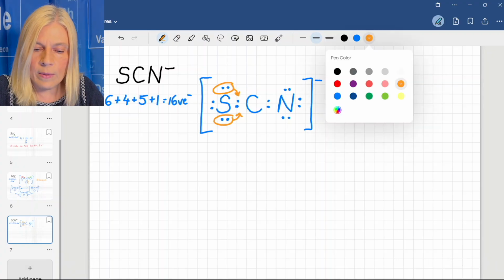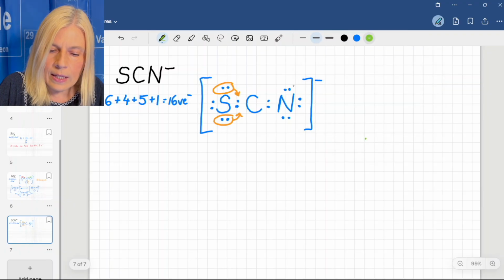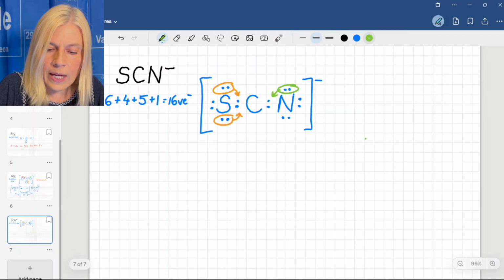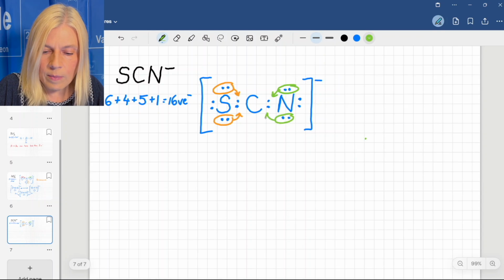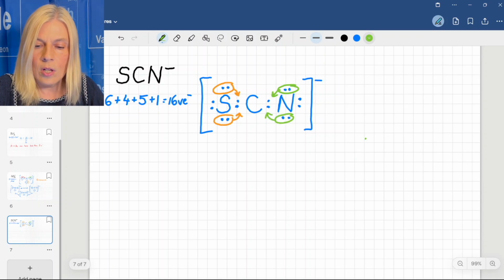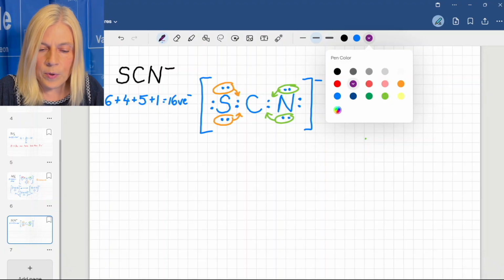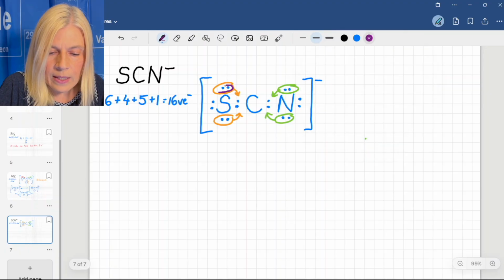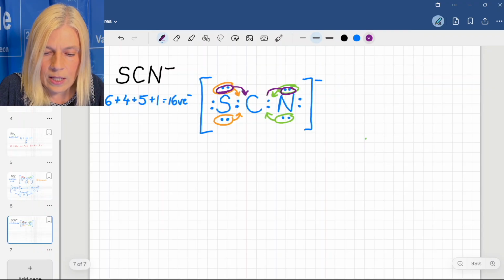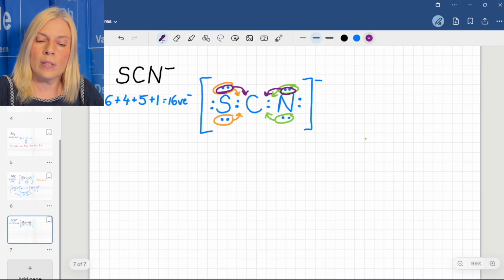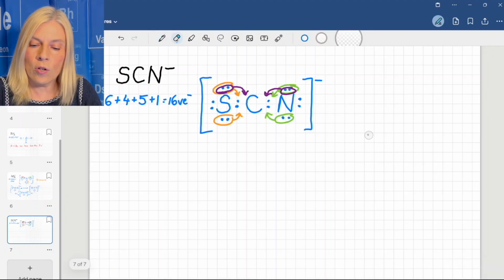I can do choice number 2, let's make it green: I can take electrons from nitrogen and make a triple bond here. Or I can do 1 more choice, let's make it purple: I can take these electrons here and these electrons here and make 2 double bonds. So here are my different choices.